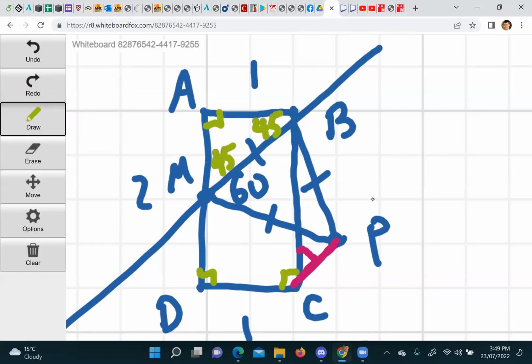And then that's 45 and that's 50. What MBC is 45, yeah? Yeah. And then therefore CBP is 15.